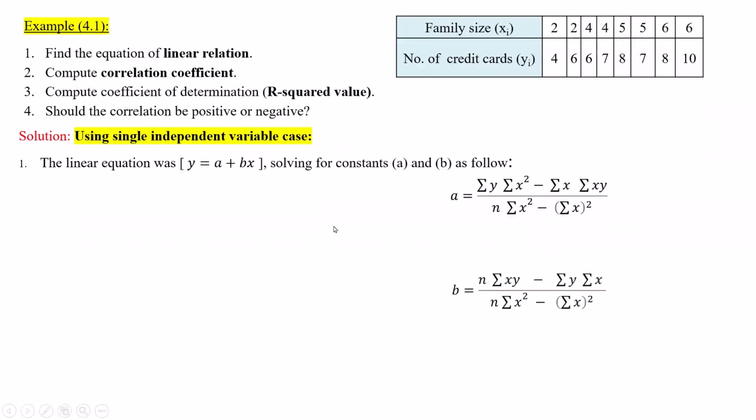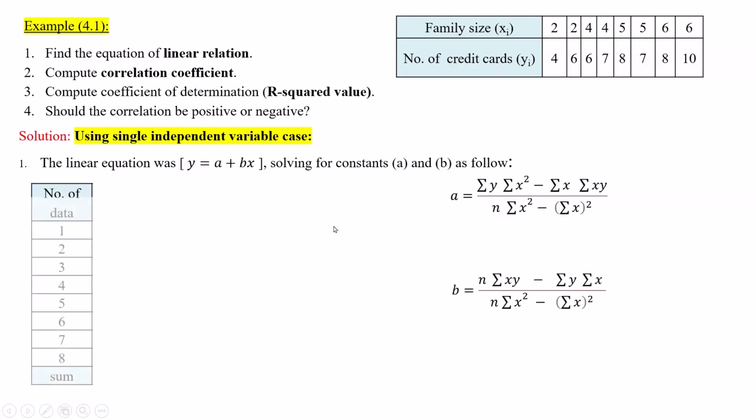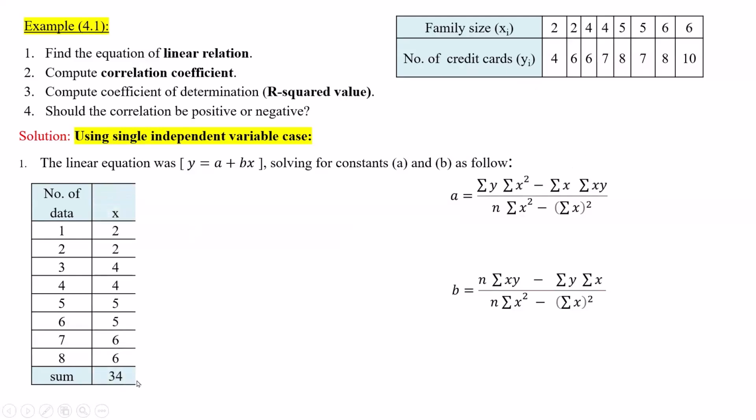Now we have to create a table. First, it includes the number of data. Then we have x, and the summation of x equals 34. Also, we need y. The summation of y is 56.